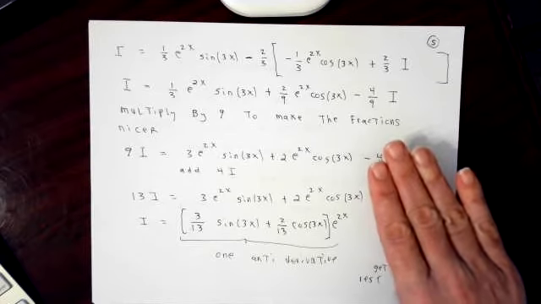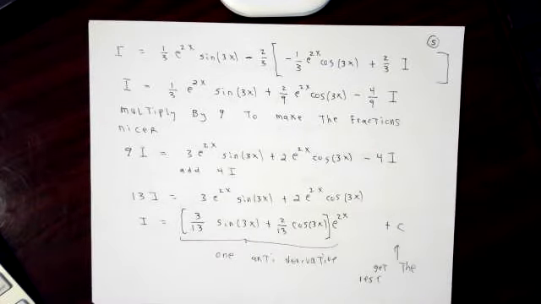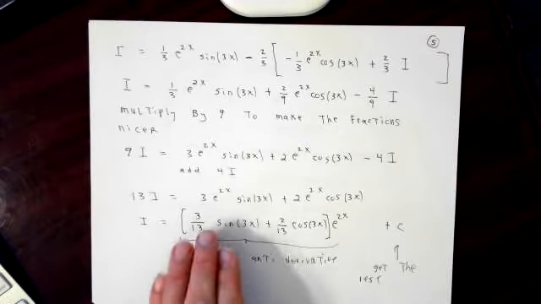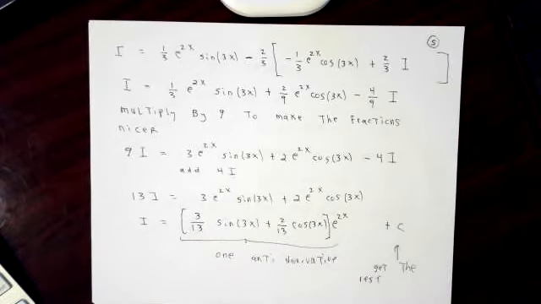Over here it goes away, and 9 plus 4 is 13. 13 times the thing that I'm looking for is this known function. Divide through by the 13, and we have an antiderivative for our original problem, and we get all the other antiderivatives by adding a constant of integration, C.